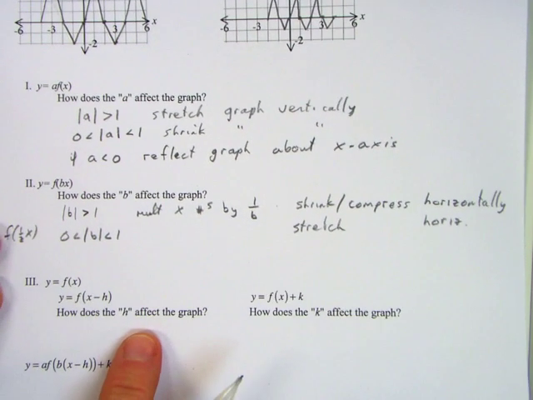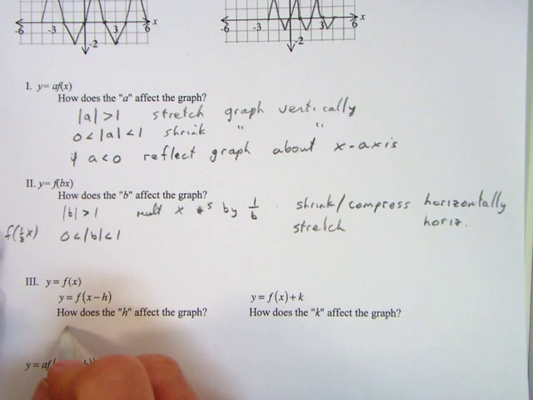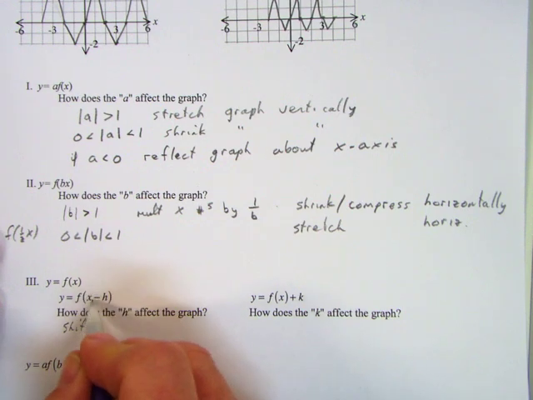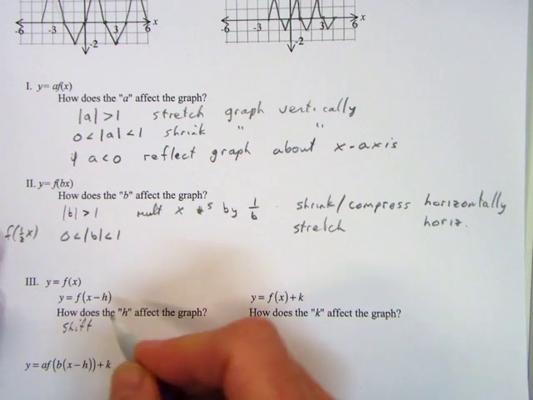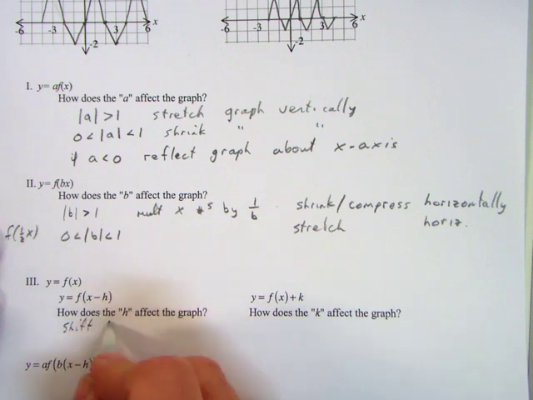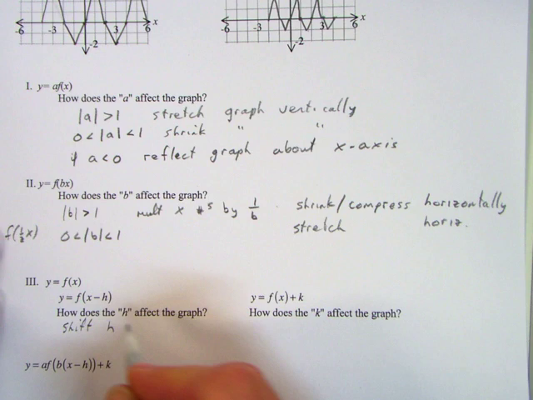When you say f of x minus h, how does the h affect the graph? Well, that is going to shift it. Again, we're dealing with the x. So what would I plug in here to give me a 0? What that's going to do is shift it h units horizontally.